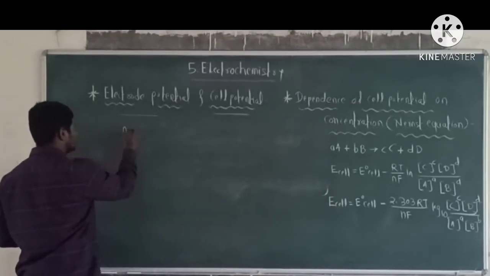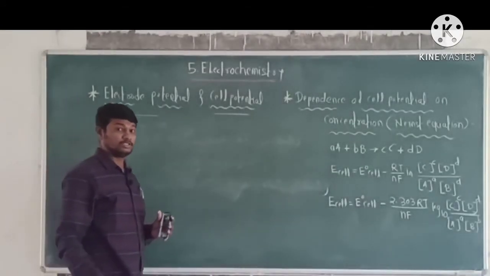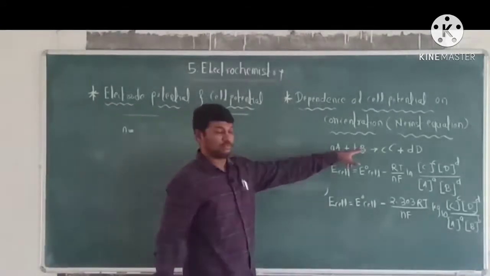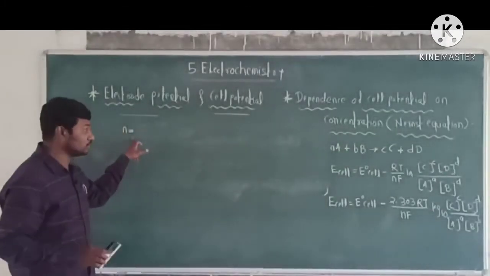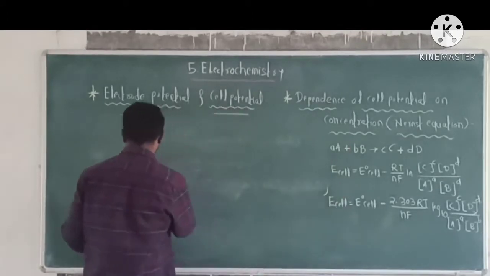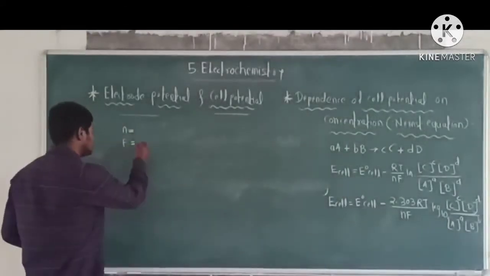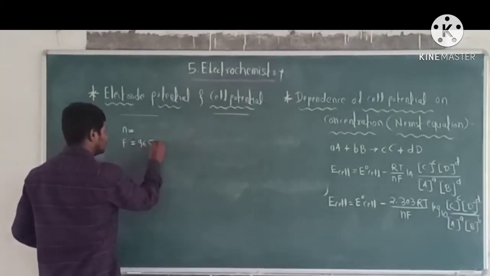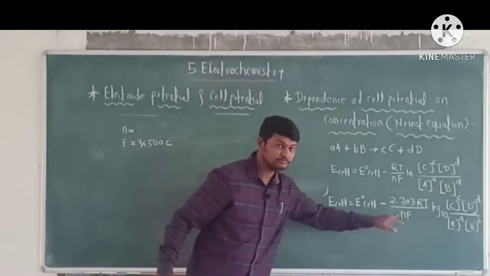Here n is the moles of electrons used in this reaction. F is the Faraday, that is 96500 coulomb.